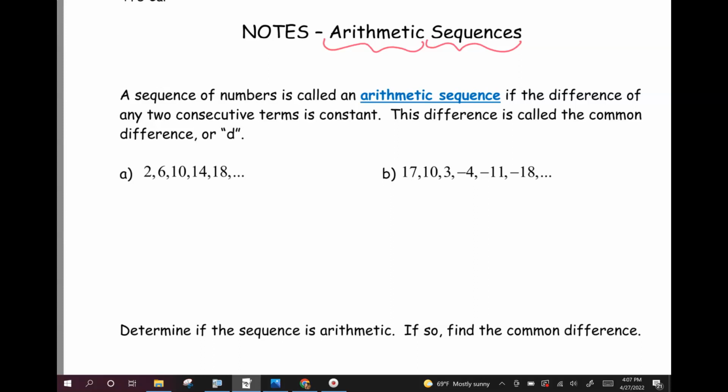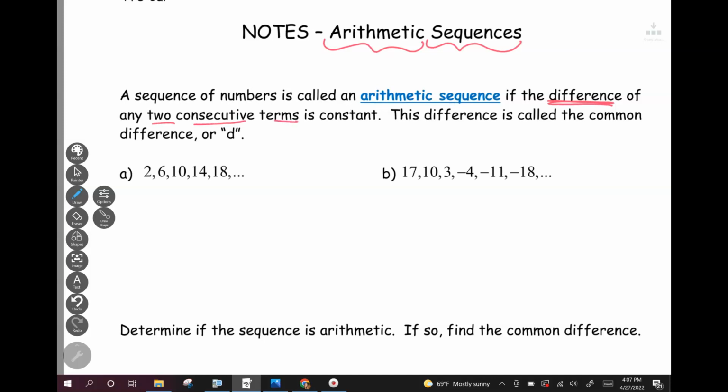So here's the formal definition. A sequence of numbers is called an arithmetic sequence if the difference of any two consecutive terms is constant. So the difference of two consecutive terms, so terms that are numbers right next to each other, is constant, which means the same each time.